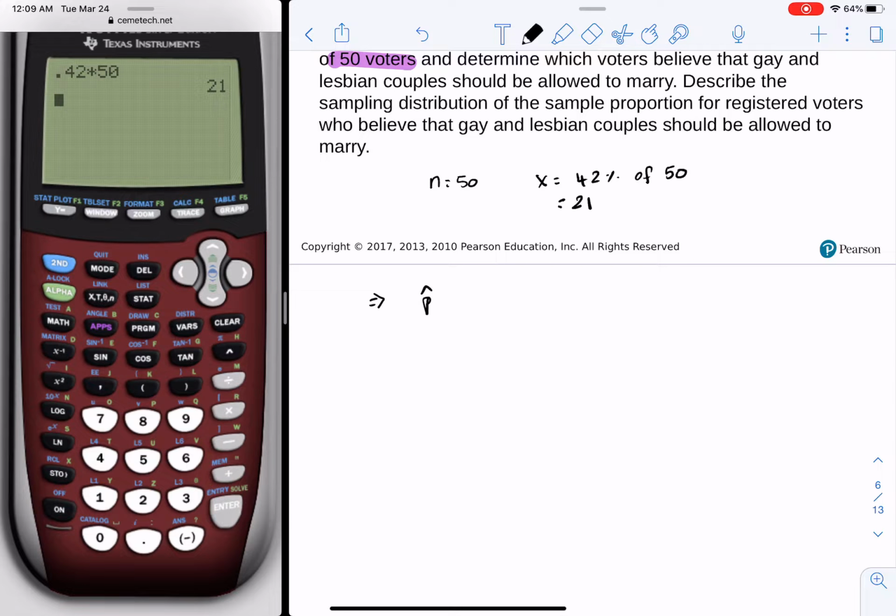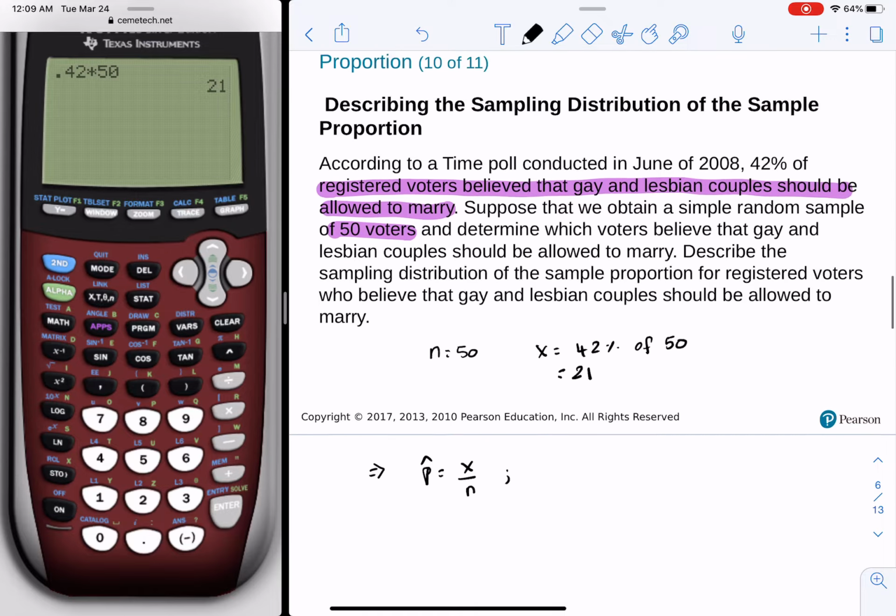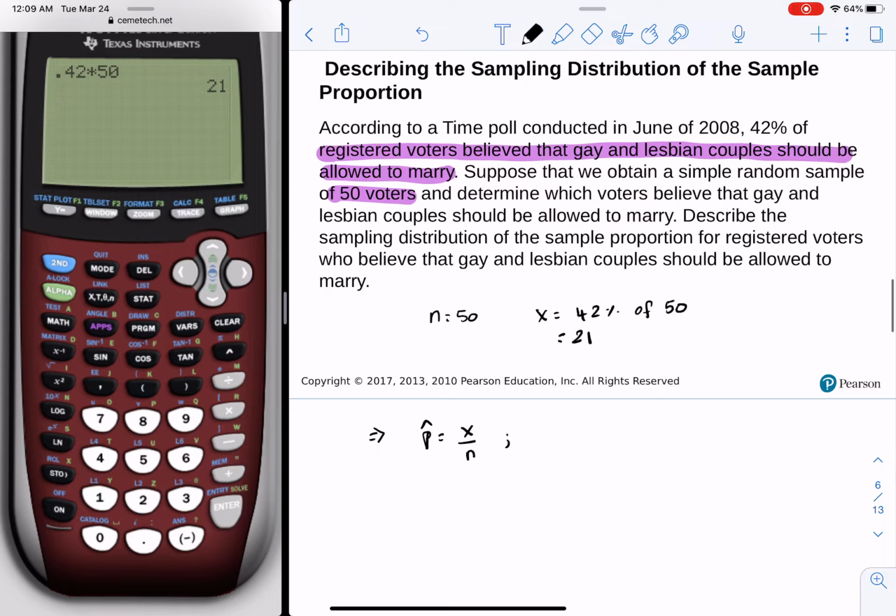We know p hat is x over n, and in the problem, p hat is given: 42% of registered voters believed that gay and lesbian couples should be allowed to marry. So p hat equals x over n, which implies x is equal to p hat times n.